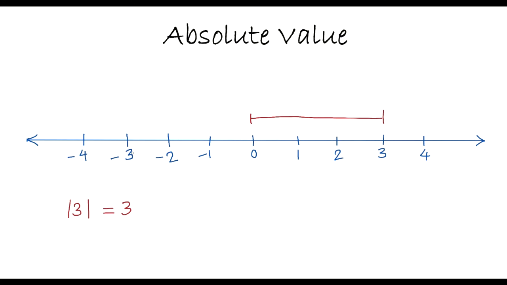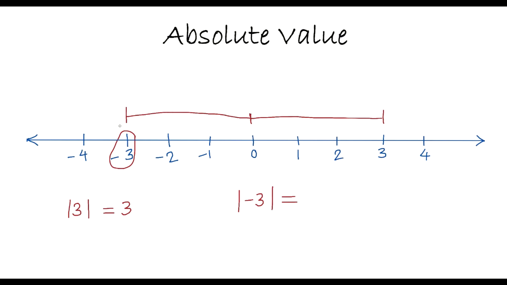Suppose I want to represent the distance of this point from 0. That means the absolute value of negative 3. So how can we represent it? Let's see what the distance is from this number to 0.